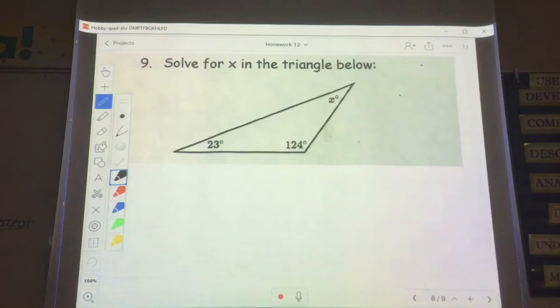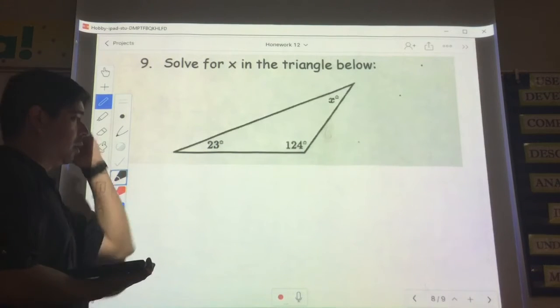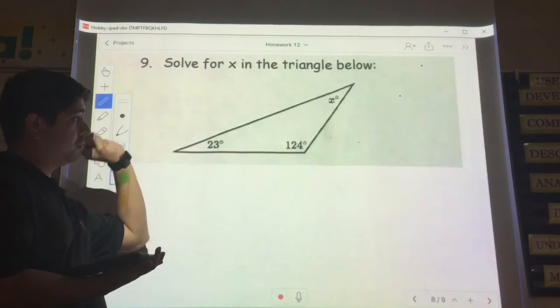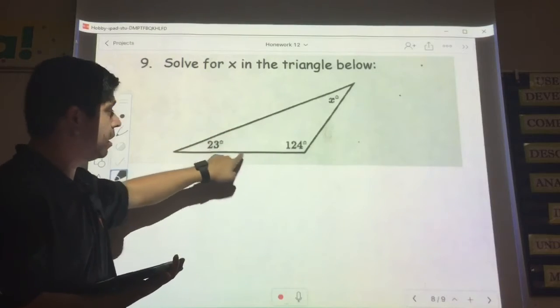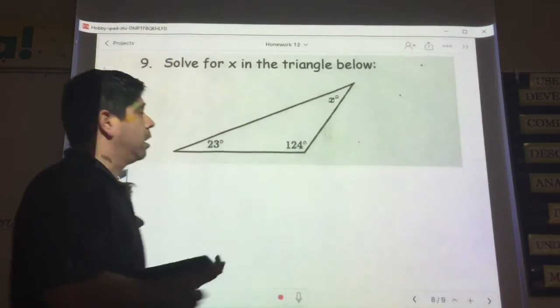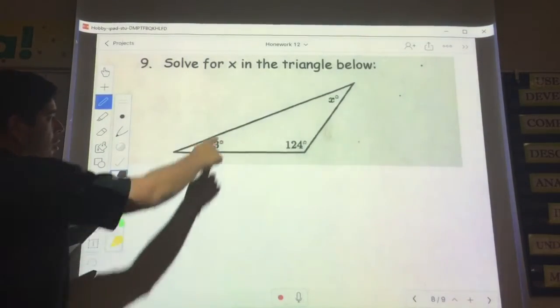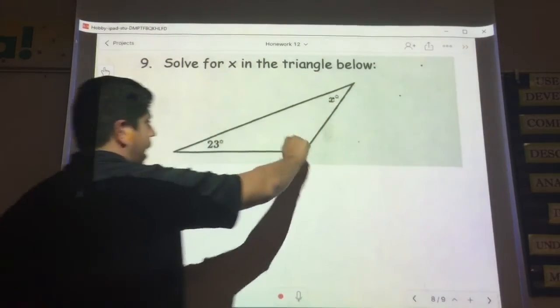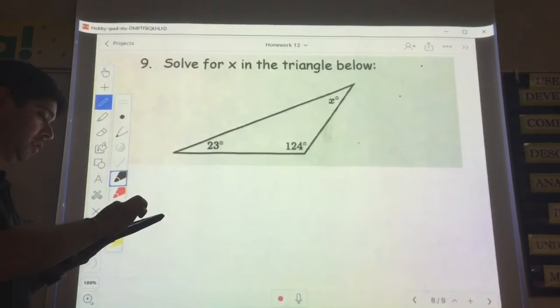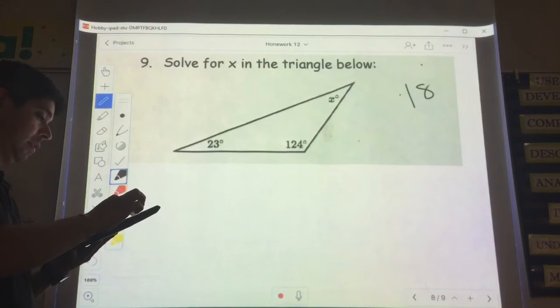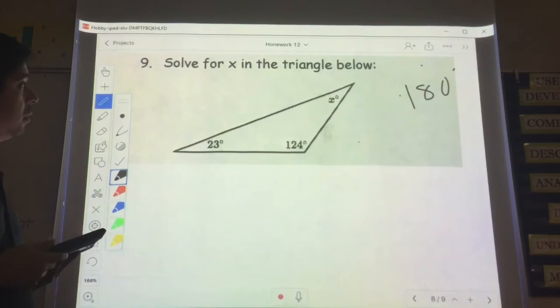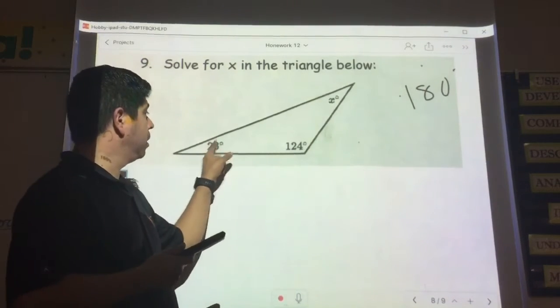Alright, number 9. Solve for x in the triangle below. Okay, so it's been a while since we've done the interior angles of a triangle, but you should know this. You should remember that all 3 angles inside here add up to 180 degrees. So I know these two.